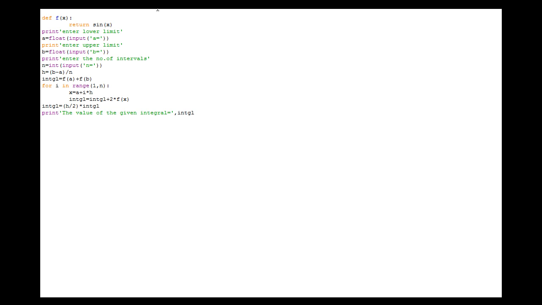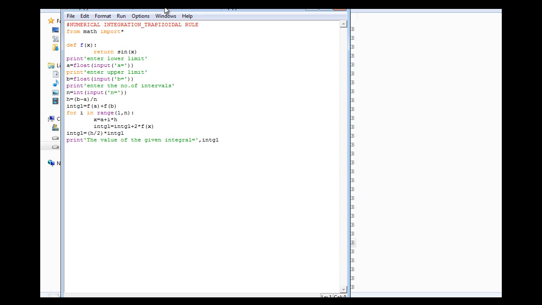So this is a program. We start with from math import star. I am going to integrate sin x, so I define a function which is sin x.